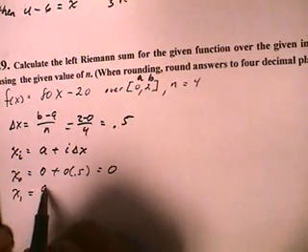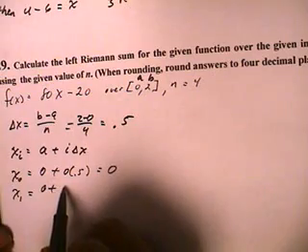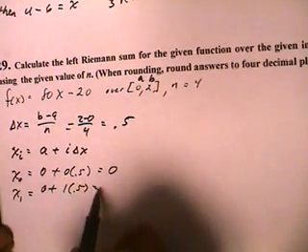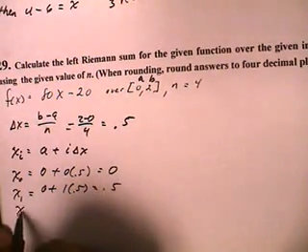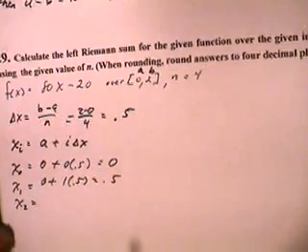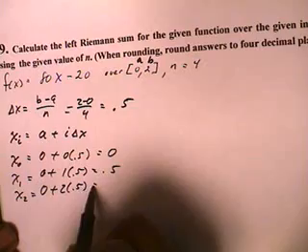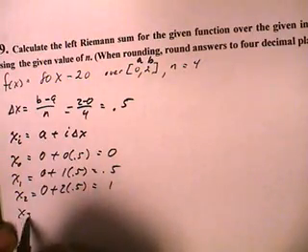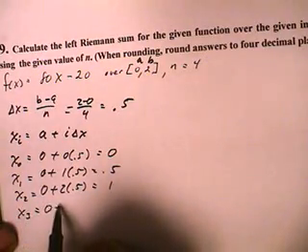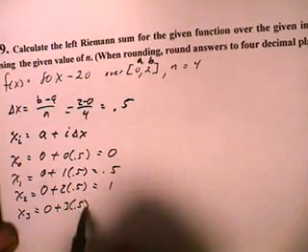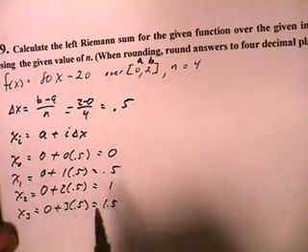My x1 will be 0 plus 1 times 0.5, which is 0.5. My x of 2 will be 0 plus 2 times 0.5, which will be 1. And my x of 3 will be 0 plus 3 times 0.5, which is 1.5.